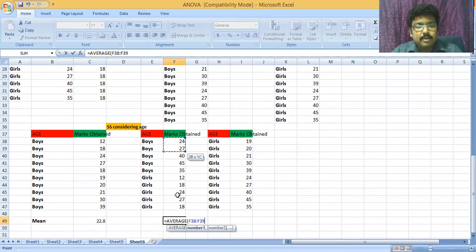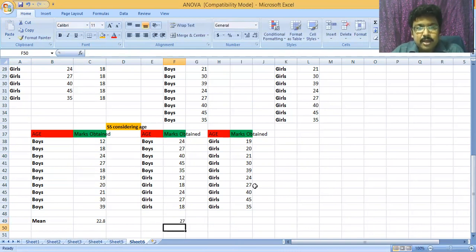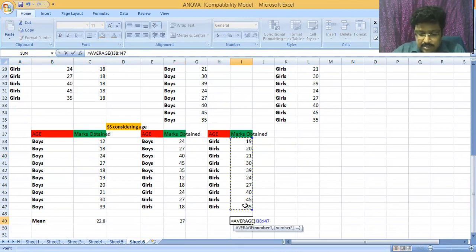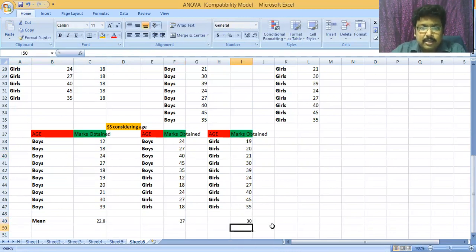the mean. Okay, so this is the mean for the students whose age 17 and 18 obtained marks, mean is equal to average. Okay, look, average, and this is 30.